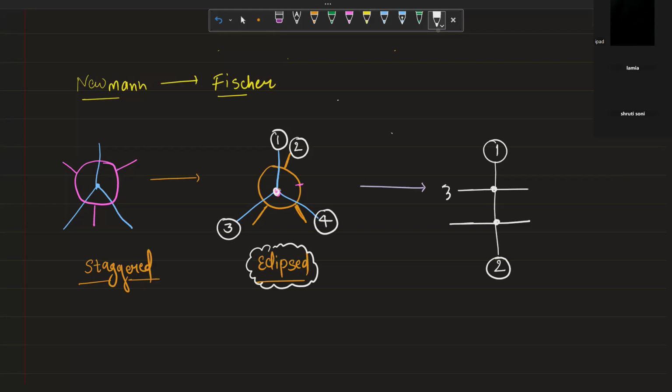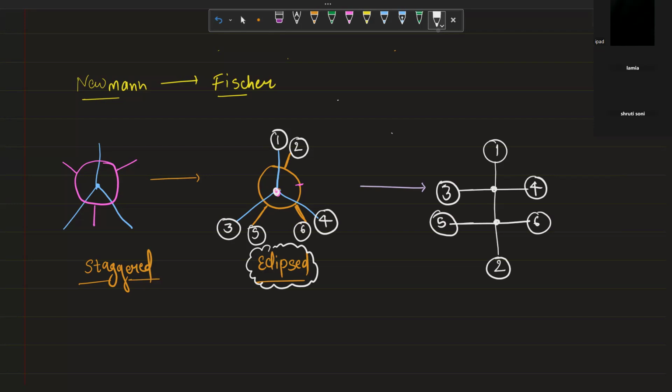Third is in the left side, so in Fisher I also write third in the left side. Third, fourth, and here is fifth and sixth. So I attach fifth and sixth to the same carbon as the second group is attached. Done. So that's how we can represent Newman to Fisher.